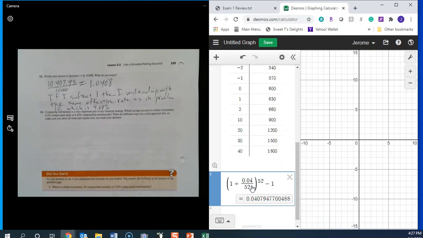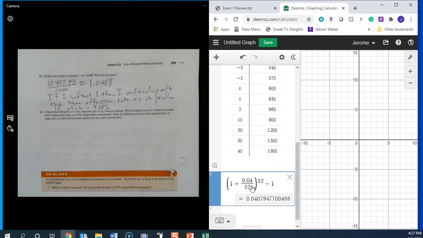Now it says comparing investments is a very important part of any financial strategy. Which savings account is a better investment? 6.2% compounded daily or 6.25% compounded semi-annually? There are different ways you could approach this, so make sure you show all work and explain how you made your decision.